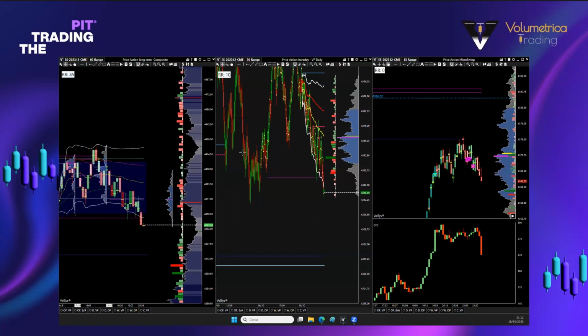Let's assume, just to make a very simple example, that in your trading plan you're using engulfing bars.